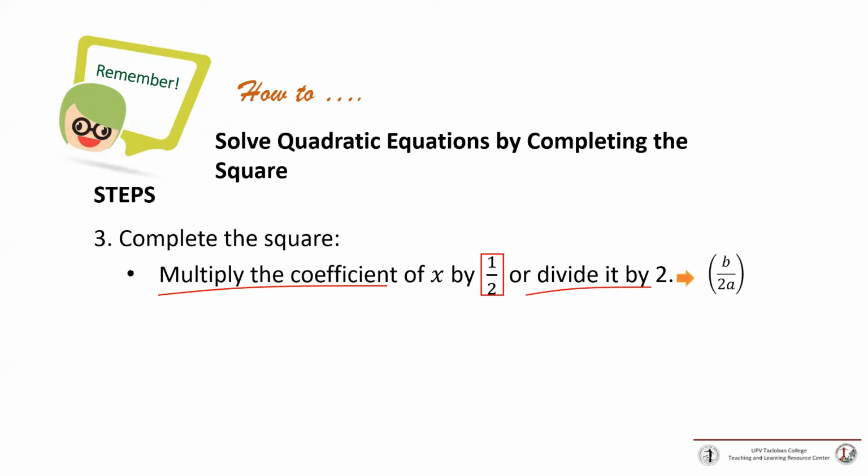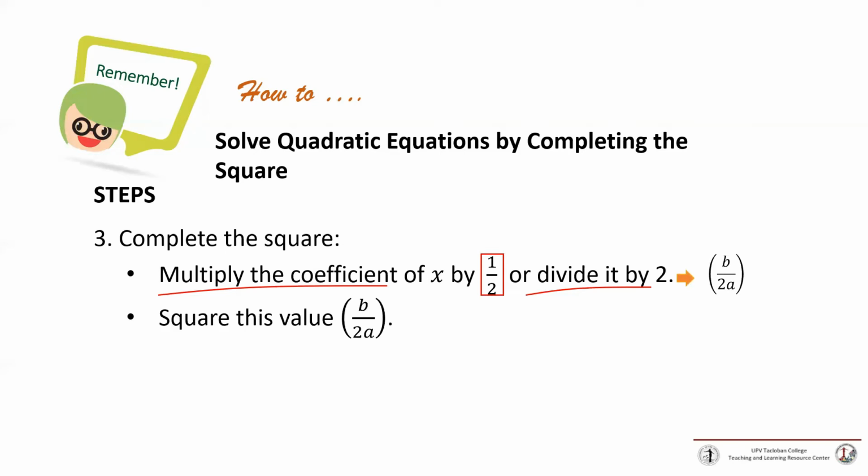Since you already have, in the previous slide, b over a in the middle, and the step states that you multiply the coefficient of x by 1/2, the middle term becomes 1/2 of b over a, or b over 2a.